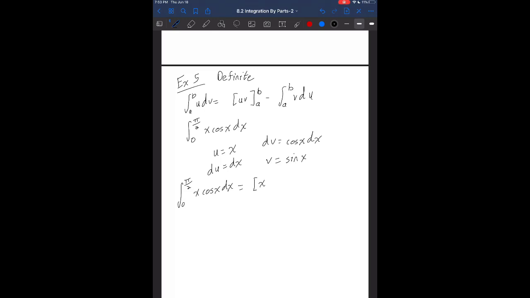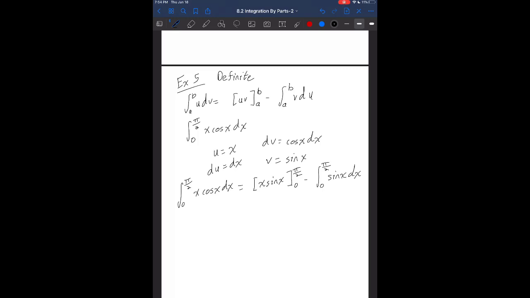So x sine of x evaluated from 0 to pi over 2. Right, so we're going to plug in pi over 2 for x, and then subtract out the result we get when we plug in 0, minus the integral from 0 to pi over 2 of v, so sine of x, times du, which is dx. So sine of x dx.